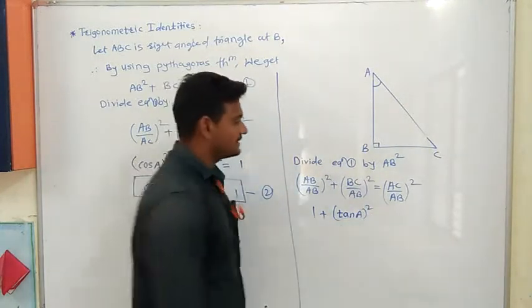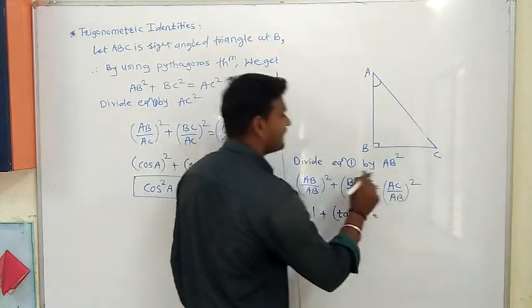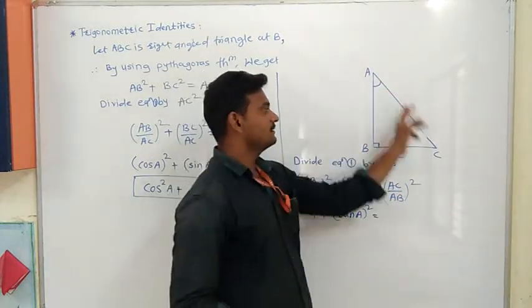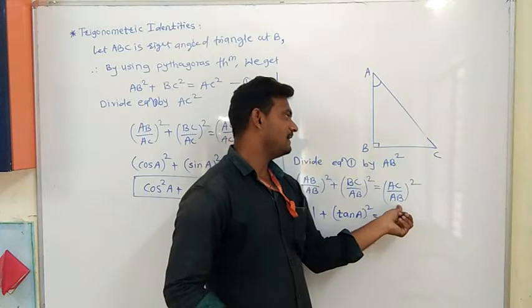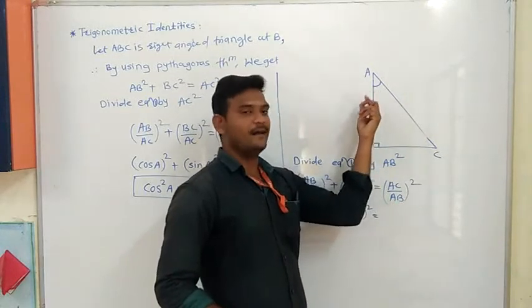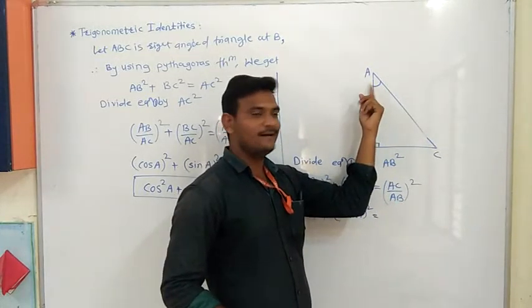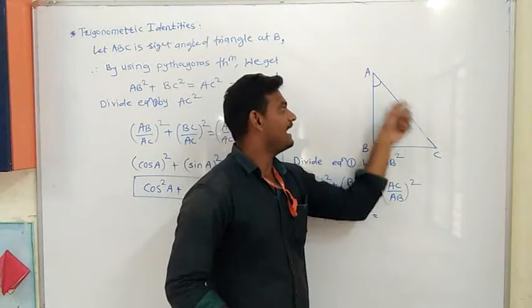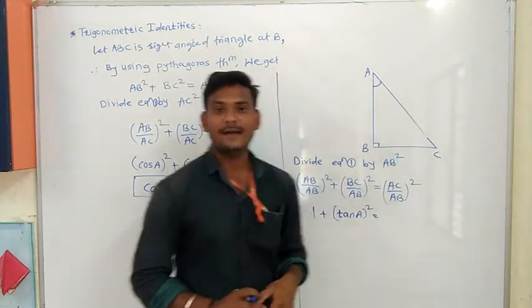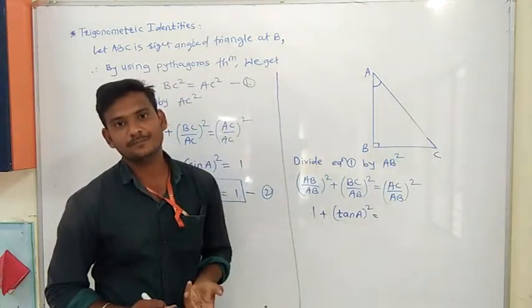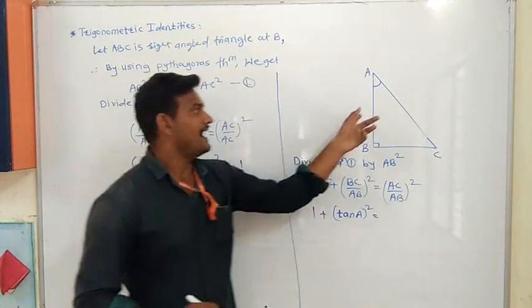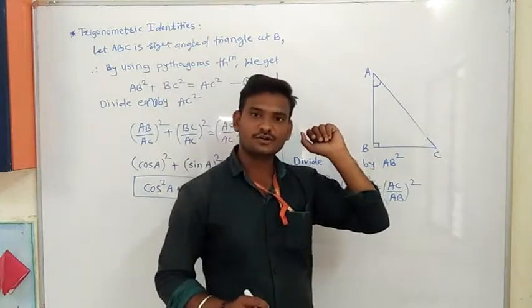Now, (AC/AB)². Here AC is the hypotenuse and AB is adjacent to the angle A. Then hypotenuse upon adjacent, which ratio is it? We know adjacent upon hypotenuse is the cos ratio.